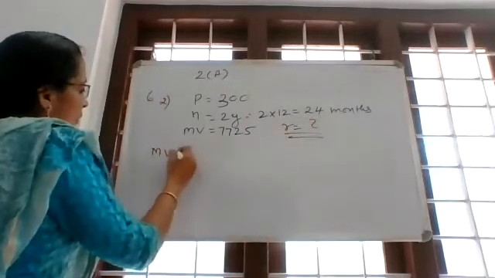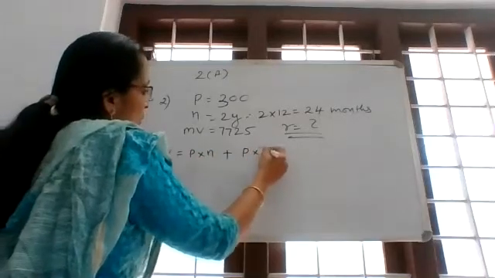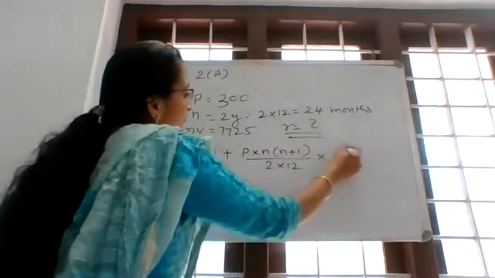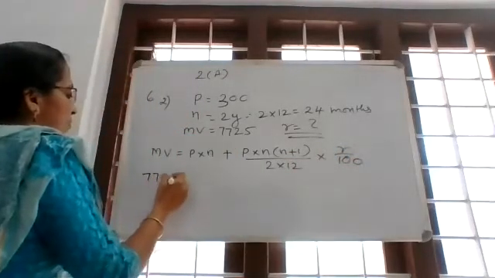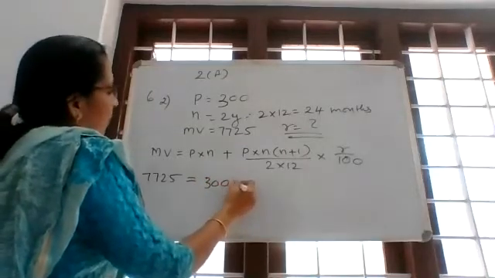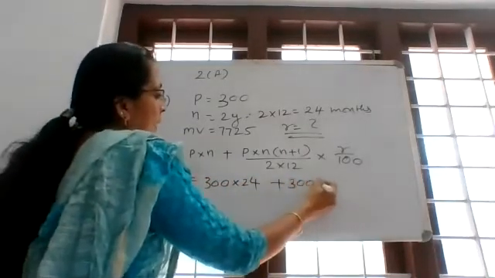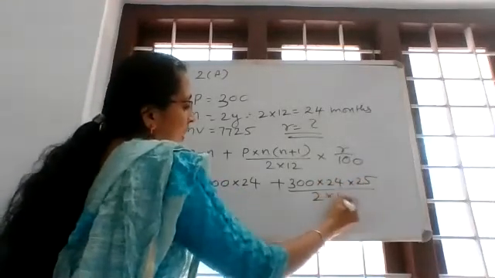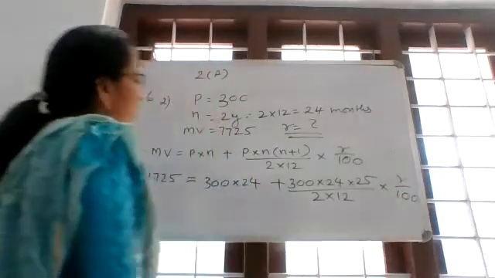So maturity value formula is P into N plus P into N into N plus 1 divided by 2 into 12 into R by 100. So substitute the values: 7725 is equal to 300 into 24 plus 300 into 24 into 25 divided by 2 into 12 into R by 100.